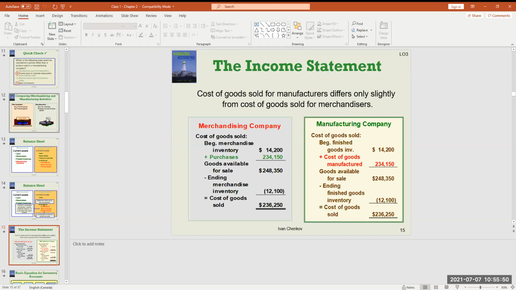So before I continue with cost of goods sold, let's open an Excel spreadsheet and work a little bit on it. Okay? I'm going to start from scratch, so you don't have to worry about it.